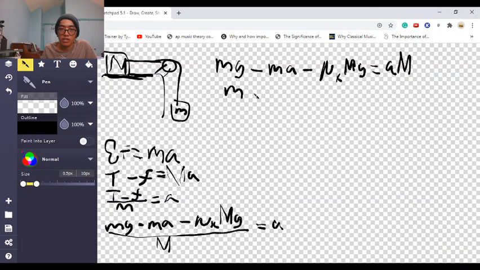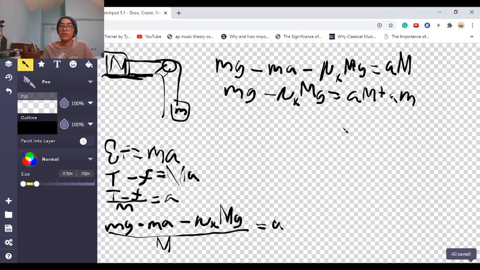So mg minus mu, the kinetic coefficient of friction, times, of course, the mg. And what you have here is a times big M plus a little m. And of course, you factor it out, and then divide this term on both sides.